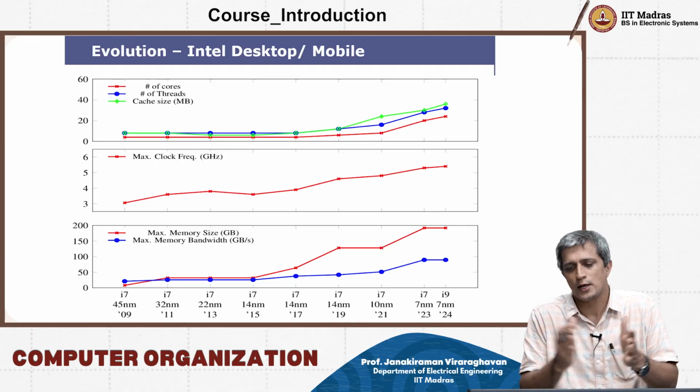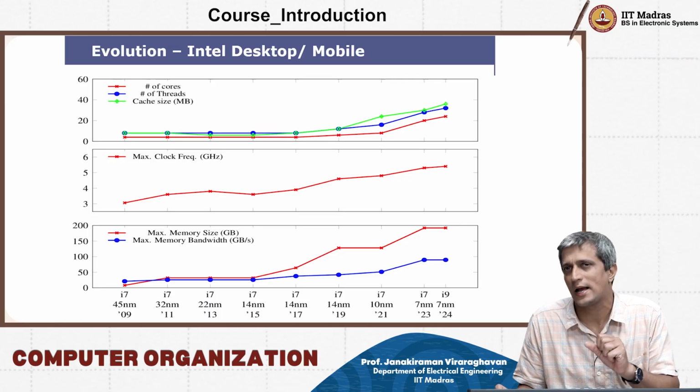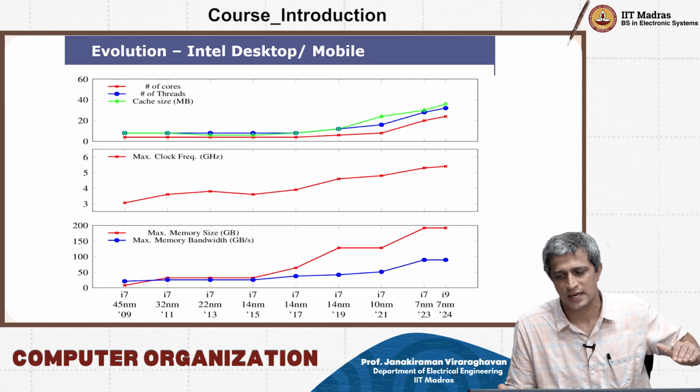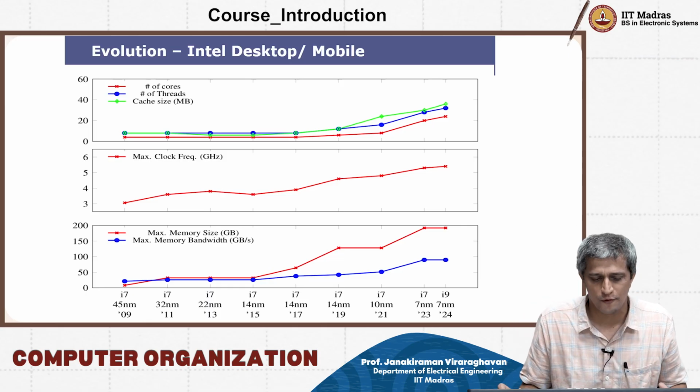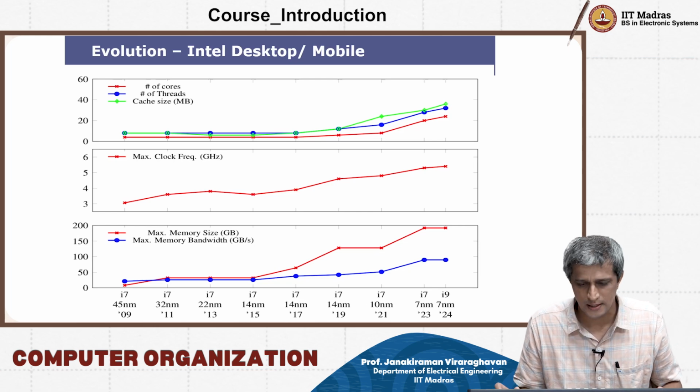Caches are faster to access, but you cannot make them indefinitely large. The size of this cache has been growing significantly to close to about 30 MB or so on chip. That is what has happened on the desktop and mobile processors.